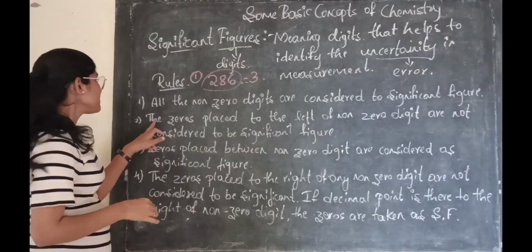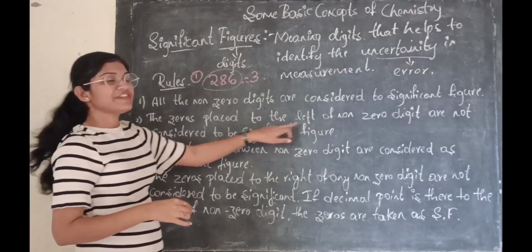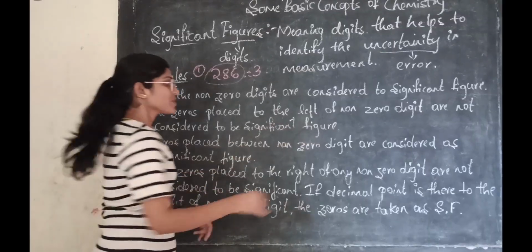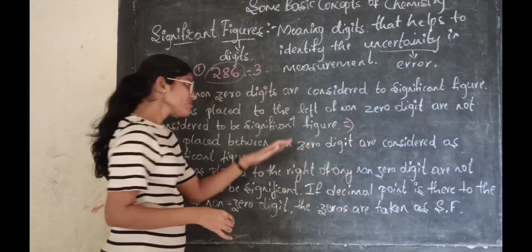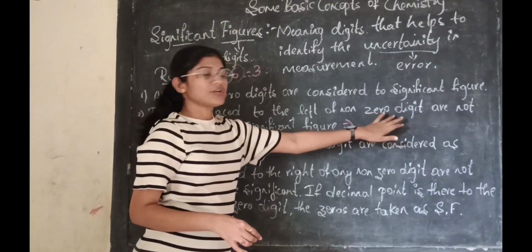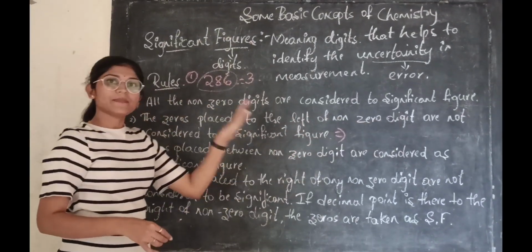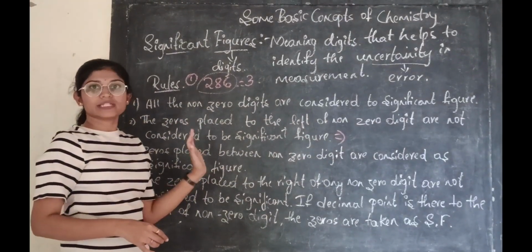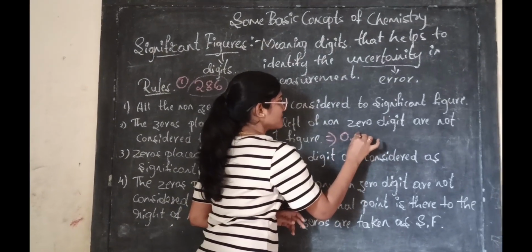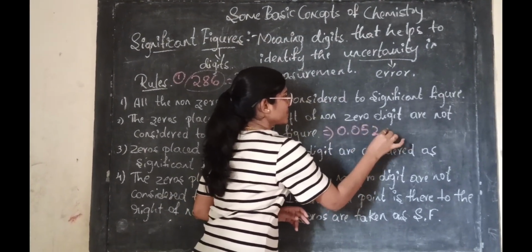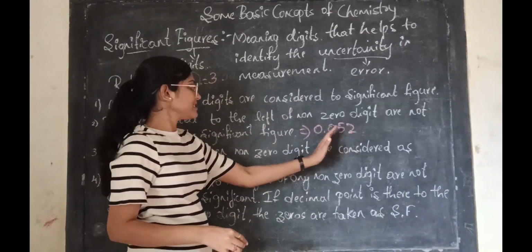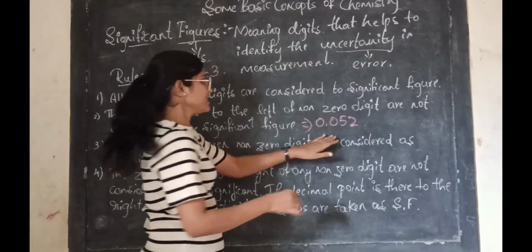The second rule says zeros placed to the left of a non-zero digit are not considered significant figures. Placed to the left of the non-zero digit means preceding the non-zero digit. For example, take 0.052.